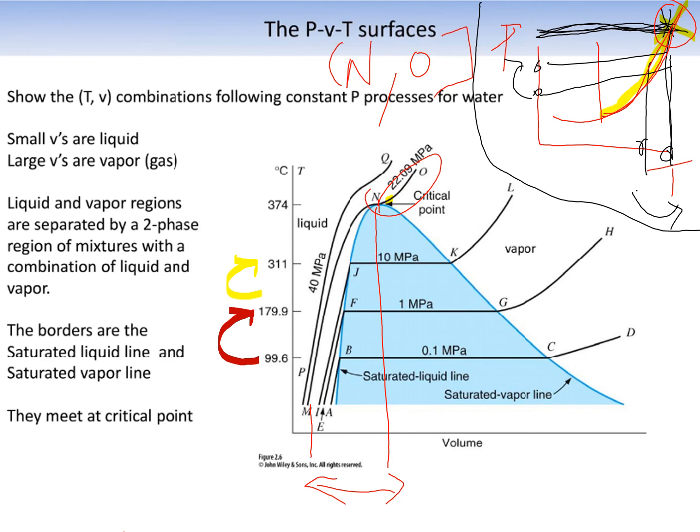For instance, at 0.1 megapascal, the boiling of carbon dioxide might take place even at a negative temperature, like negative 35, something like that. I don't remember the exact boiling point of carbon dioxide at this pressure, but the only difference will be the values. The behavior will remain the same.